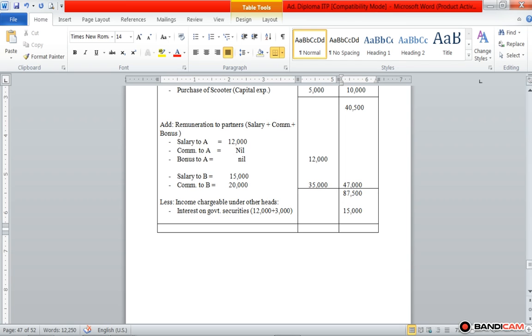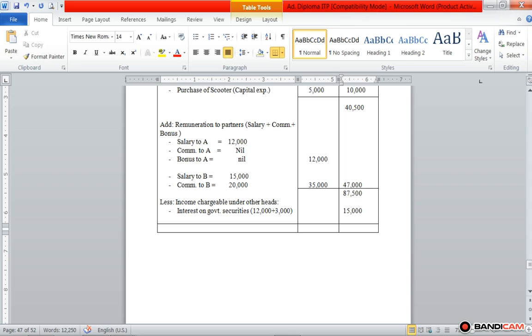Okay, so all amounts are income from other source, that is tax deducted at source rupees 3,000 and rupees 12,000. So these are all income from other source, so these are deducted from net profit, and the tax is also given on the interest on government security, that is 3,000. So all the amount is deducted from the net profit, that is 15,000.